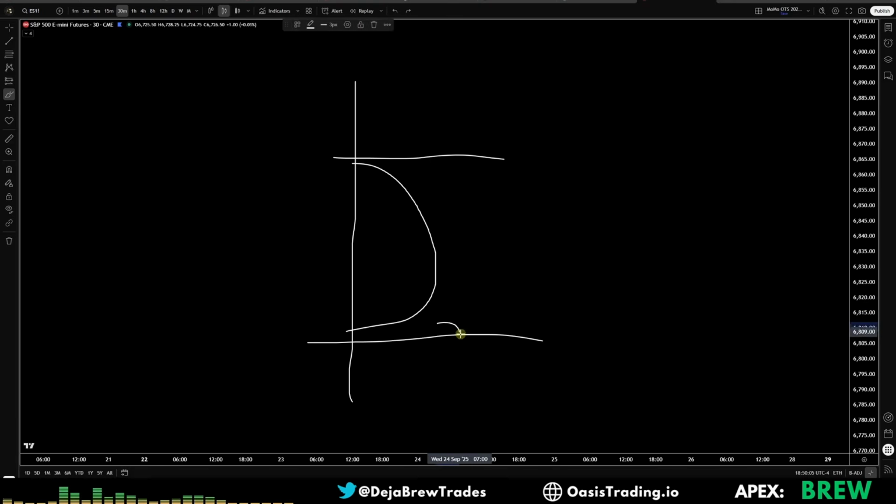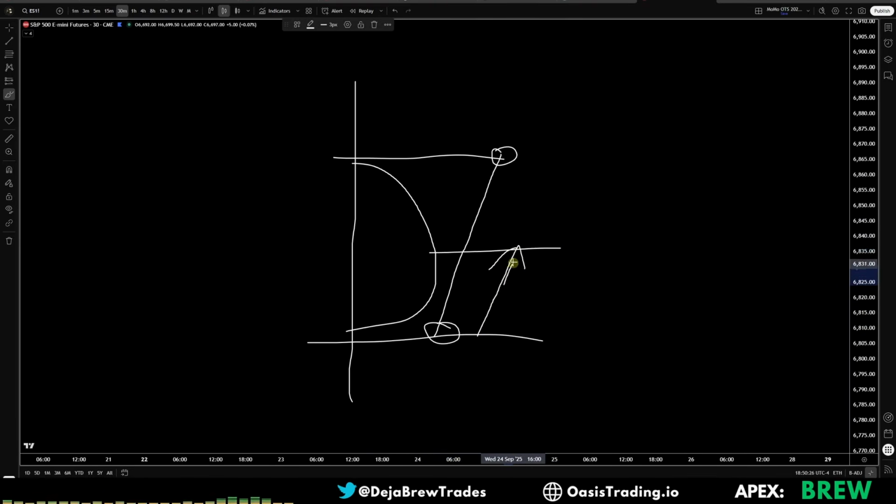Well, obviously, if a rotation is from one side to the other, a failure to rotate would mean that we do not make it to that other side. Maybe we stop a little bit early. Maybe we stop at the POC or VWAP or whatever we have in the middle. So we stop early and then we go back down or go back up, right?